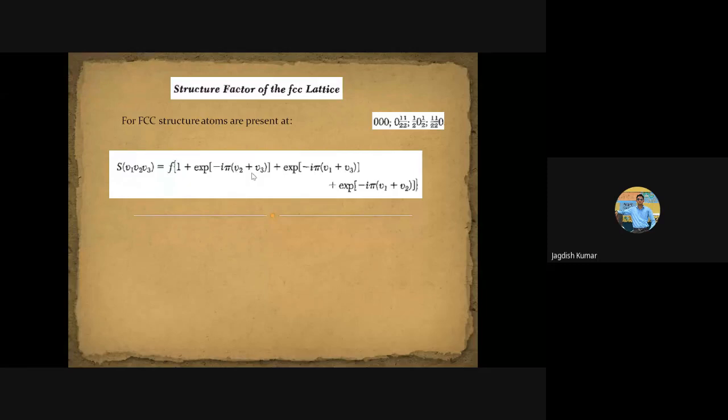Now let us try to interpret this. If v1, v2, v3 are all even, let us assume v1 is equal to 2.